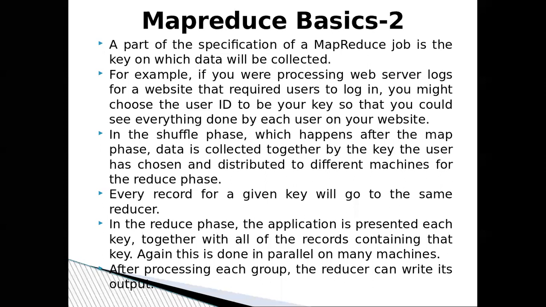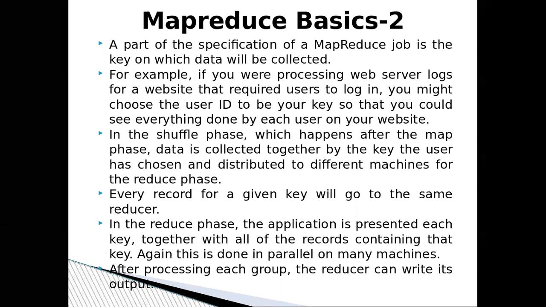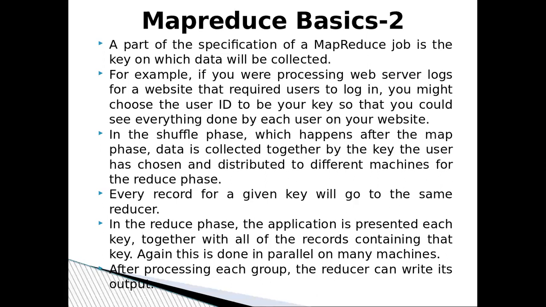And after the map phase, there is a shuffle phase, in which data is collected together on the basis of the key the user has chosen, and then it is distributed to different machines for the reduce phase. So I repeat, there is a map phase, and after that there is a shuffle phase in which the data is collected on the basis of the key and is sent to the next phase, that is the reduce phase.